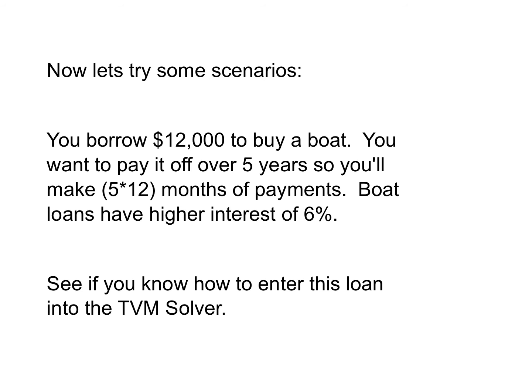All right, so let's try one more scenario. By now you should be getting good enough that I can just tell you these numbers and you should be able to put them into the TVM solver and figure out how much the payments would be. You're going to borrow $12,000 to buy a boat. So change that $300,000 to $12,000. You don't have to put a comma in, and no dollar sign is necessary either.